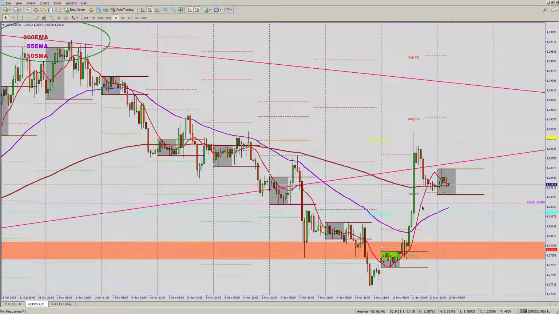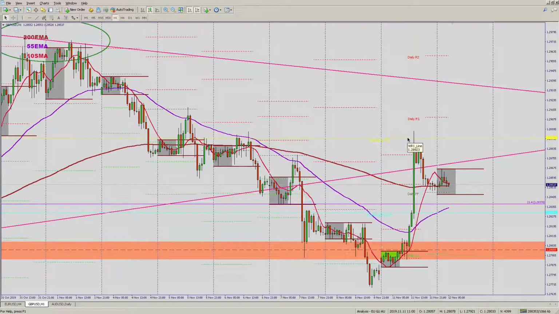This gave a boost to the cable for a quick move back up to retest the weekly R1 pivot level before fading back down. And now it's at the 1 hour 200 EMA area. That's at the 128.50 area.